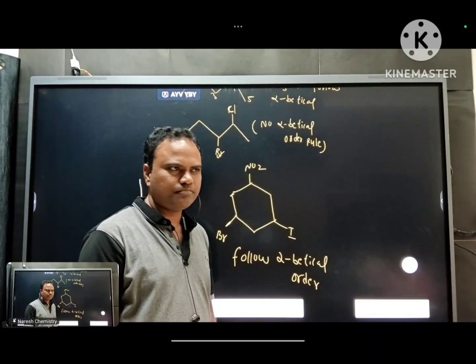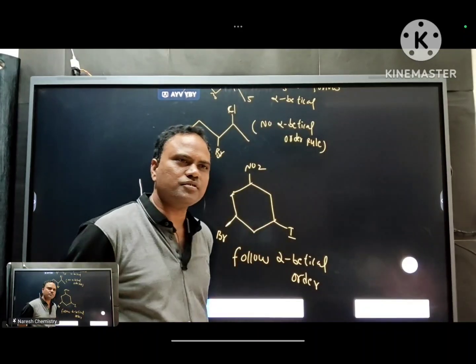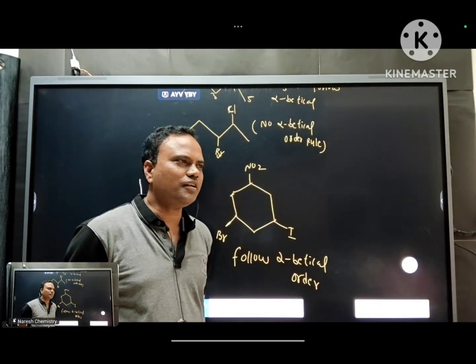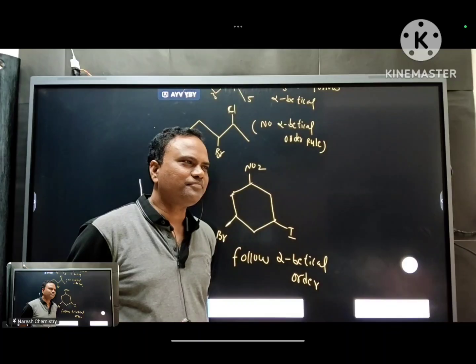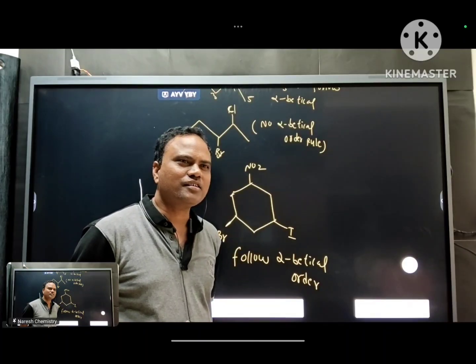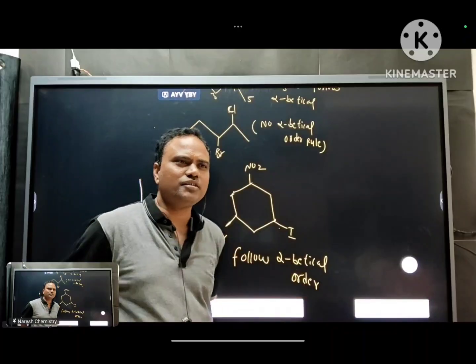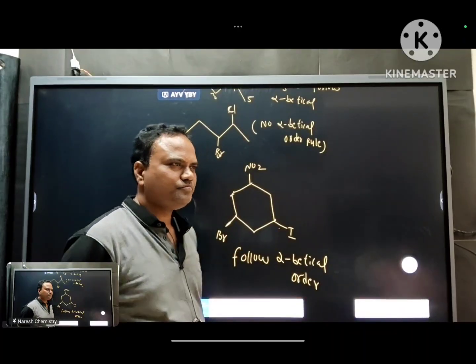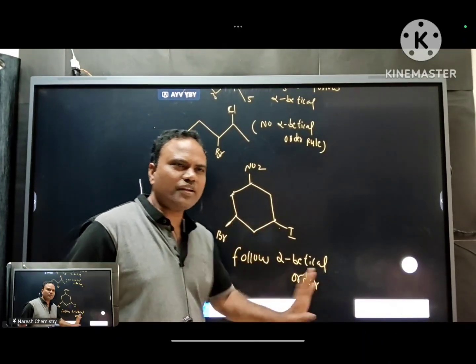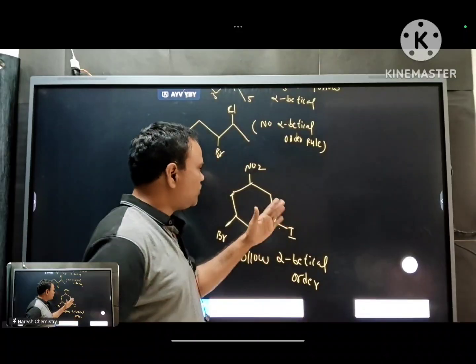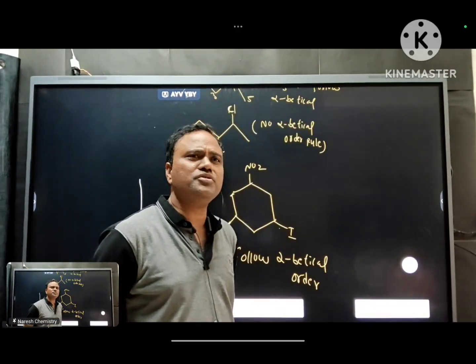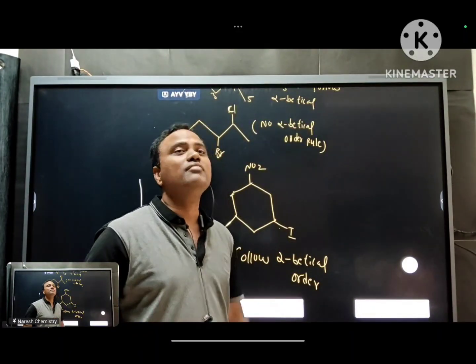After that, which letter comes first? I or N? I or N? Go like this. Then bromine, after that again ambiguity. Towards the iodine side or towards the NO2 side? Which side should we go?